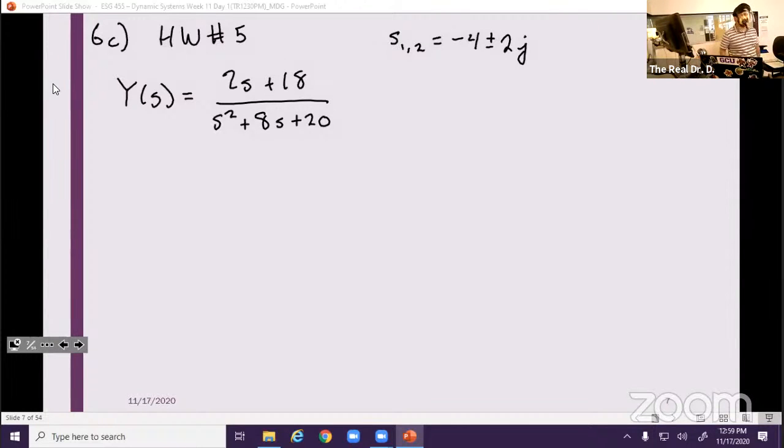So what do we know from this root response? What should we be expecting out of this? What do these roots tell us? I heard underdamped. That's correct. And what is an underdamped response? What does it look like?